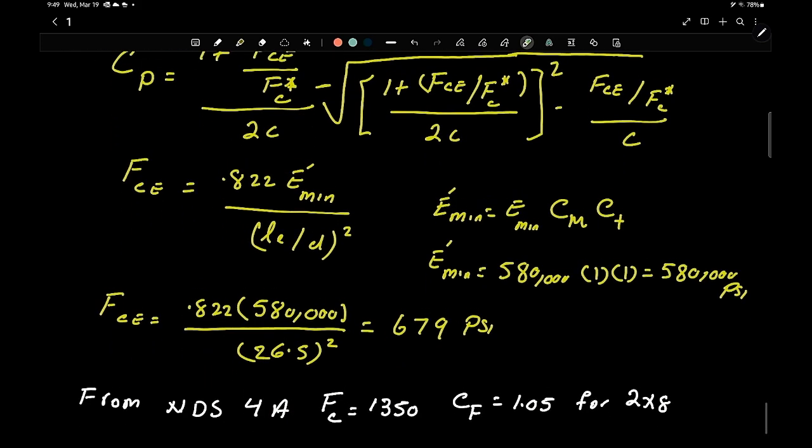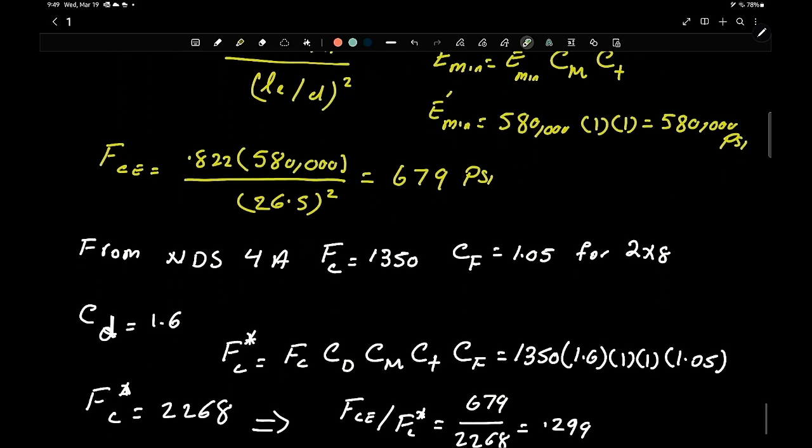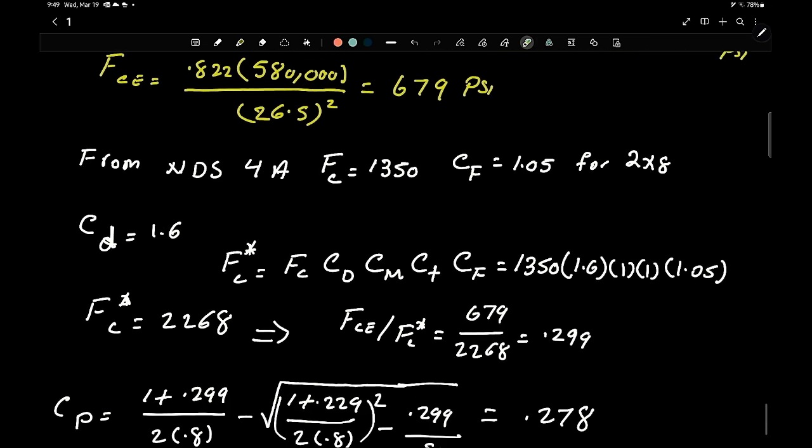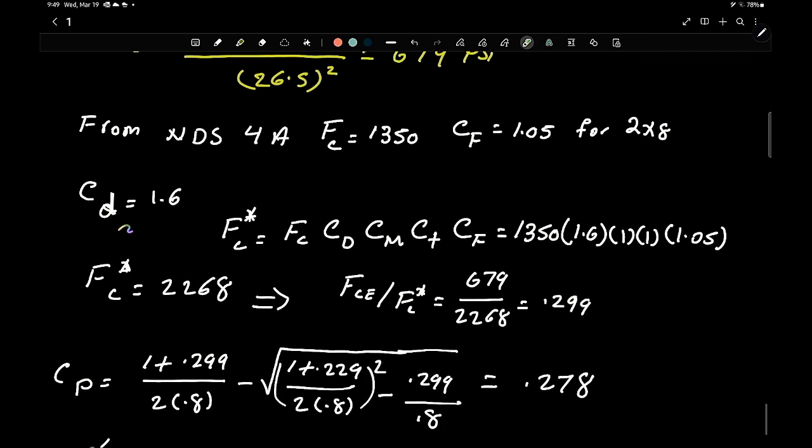We calculate the components for it. E prime comes out to 580,000, and then from NDS table 4A we can find FC. CF is 1.05 for compression for 2x8, and that's from table 4A. You remember that. Then CD for load combination comes out to 1.6.